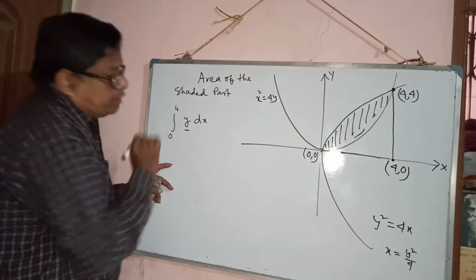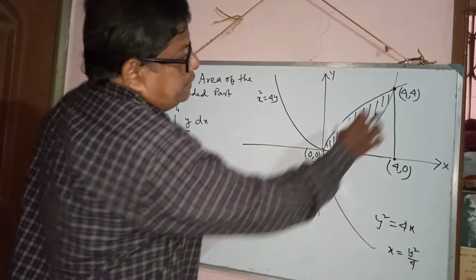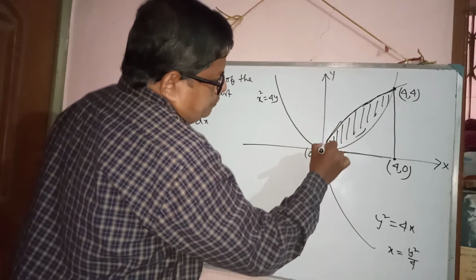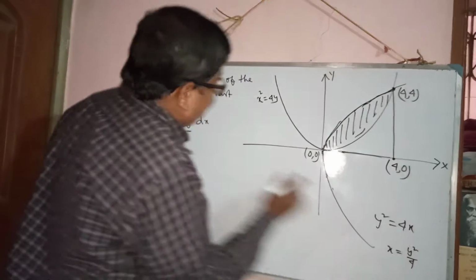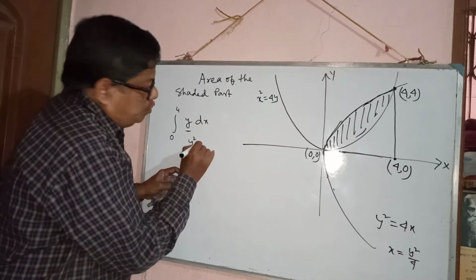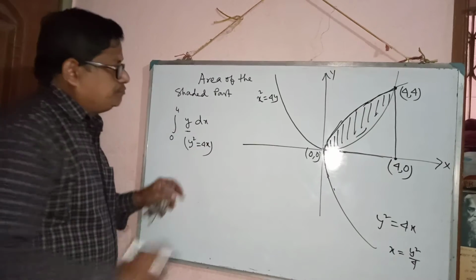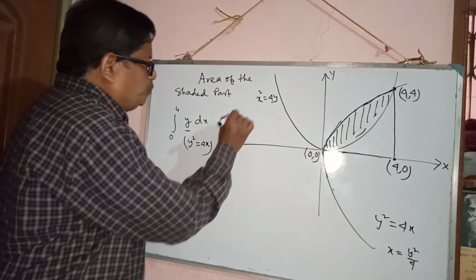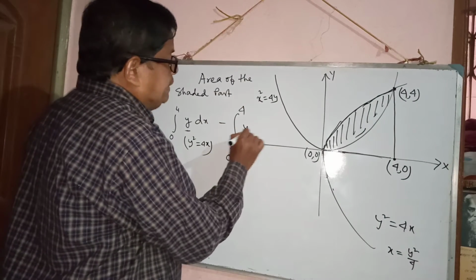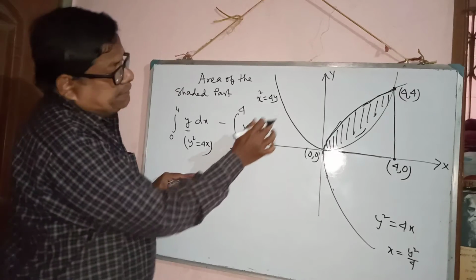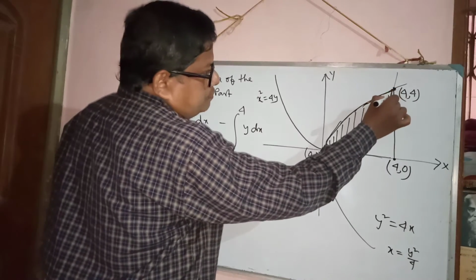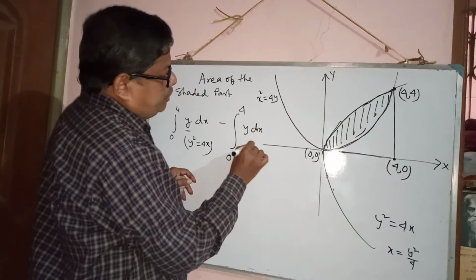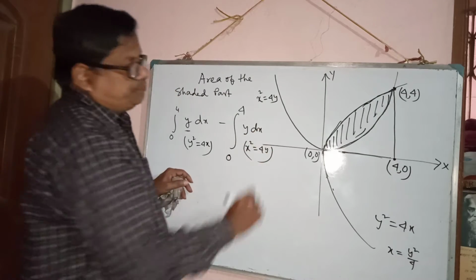This y means you are taking this curve, y square equal to 4x, minus, similarly, 0 to 4 y dx. This y means here we are taking the curve x square equal to 4y.